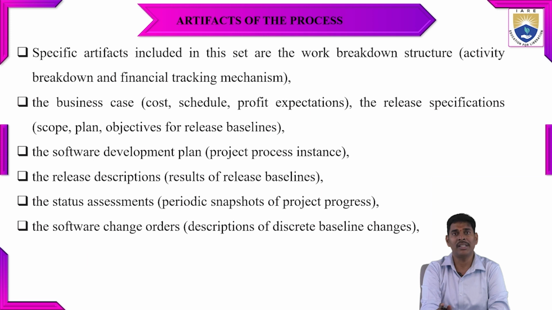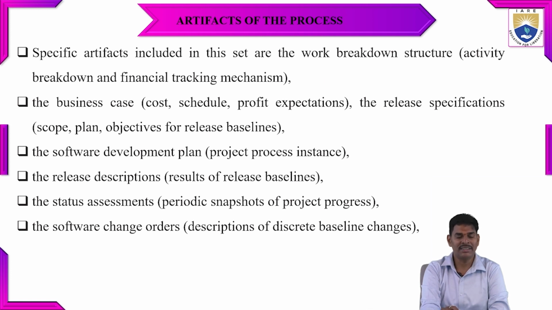Here they need to set the work breakdown structure. We have the breakdown and the financial tracking mechanism and a business case. In the business case, they need to check the various cost, schedule, and profit expectations, and release specifications such as the scope of the software product release and the plan and objectives for the release baselines.